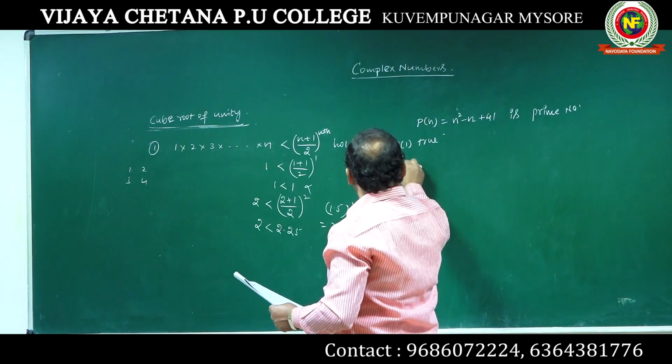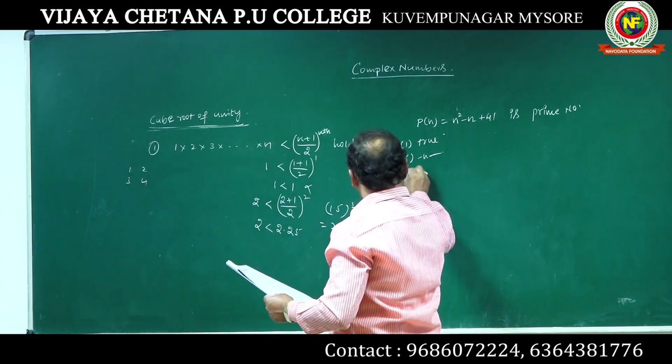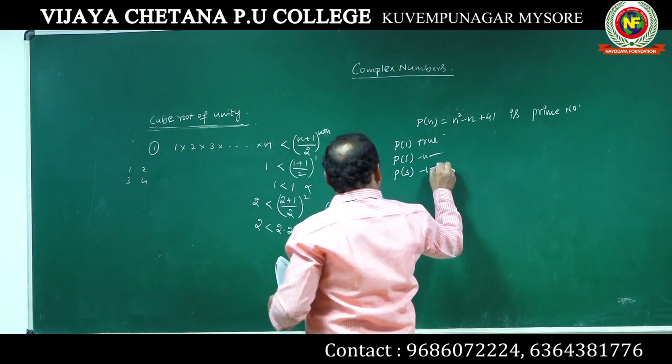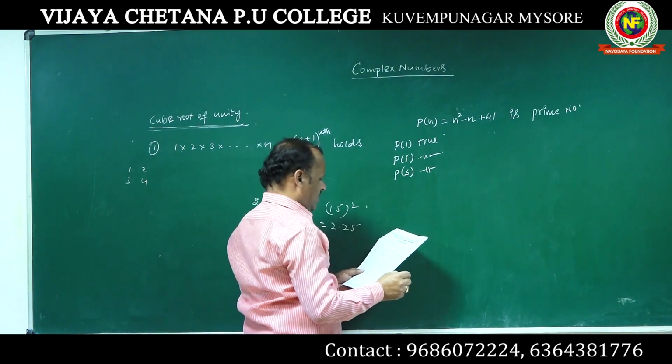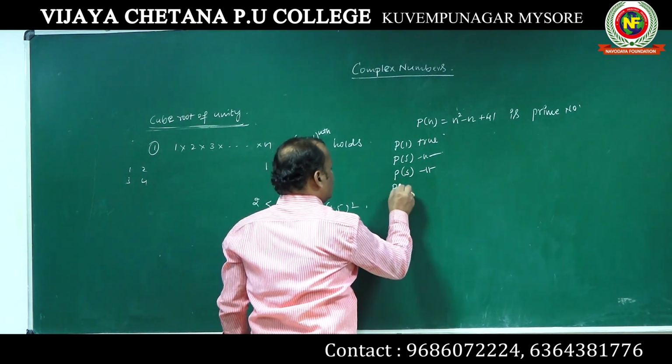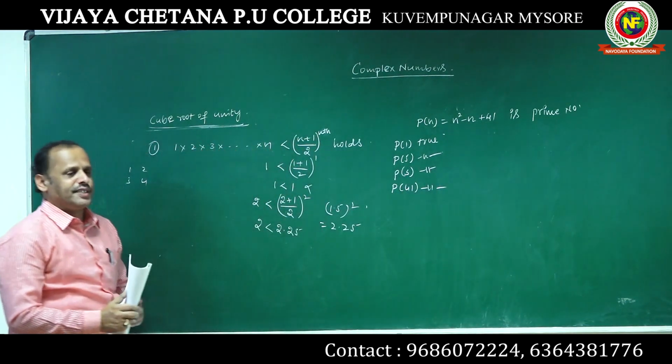Second option, P of 5 is true. Third option, P of 3 is true. Then the fourth option, P of 41 is true. These are the options.